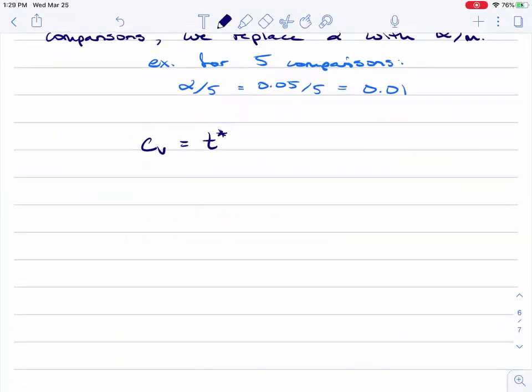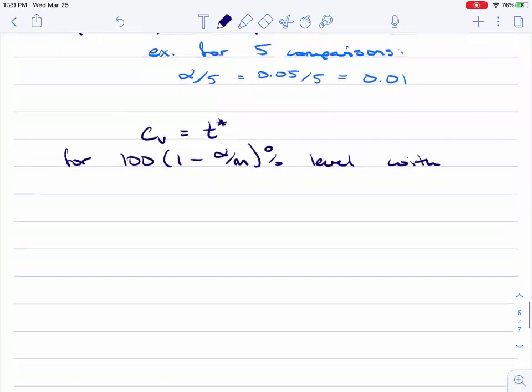But it's going to be a T star for a 100 times 1 minus alpha over M confidence level, still with mean squared error degrees of freedom, which is n minus I. It's just that you've accounted for the alpha over M in your T star, right?